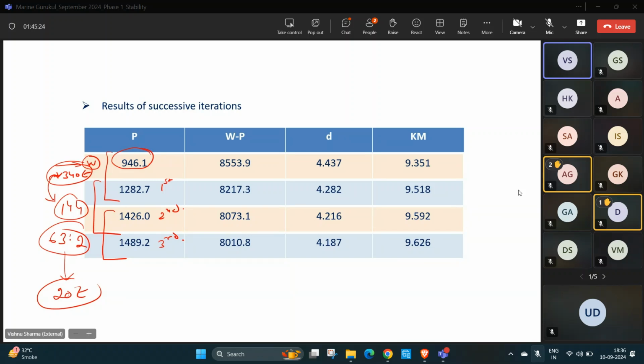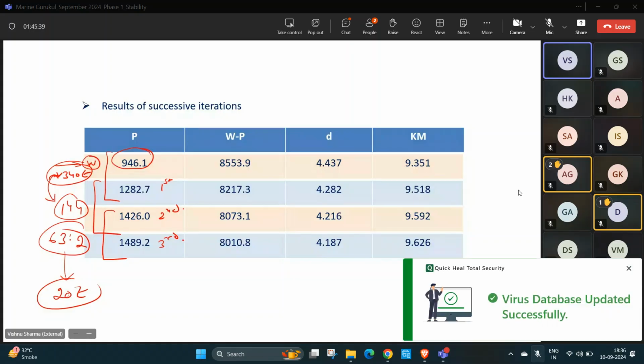We can't keep doing the iteration, but you see, in the first iteration, P got reduced from 340 to 144. In the next iteration, it got improved to 63.2. It can increase also, it is not that every time, but the difference between the values is decreasing.